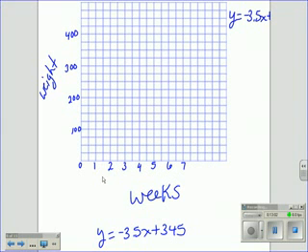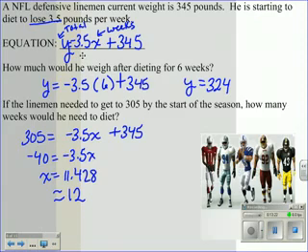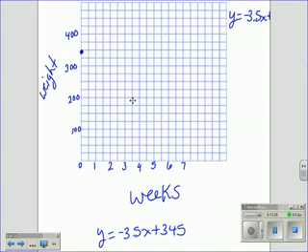So we've got to make sure that our scale, it's not always going to be a one-to-one scale. So we're going to start at 345. So here's 300, 25, 50. So it's right here below 350. And we're going down 3.5 pounds per week. So for 6 weeks, we said he was at 324 pounds.